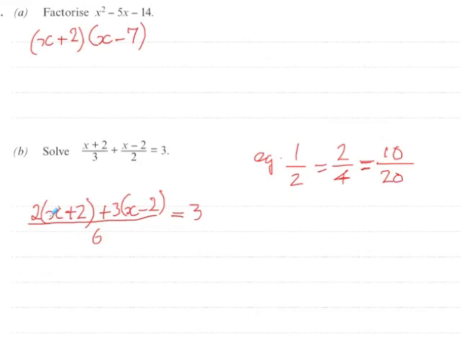Now we can multiply this whole top by 6 and that will cancel that out, as long as we multiply that by 6.